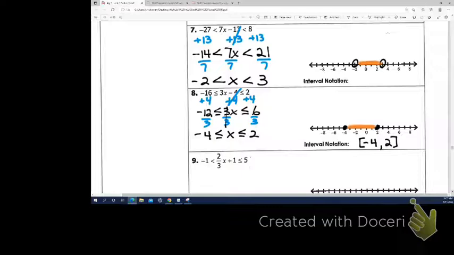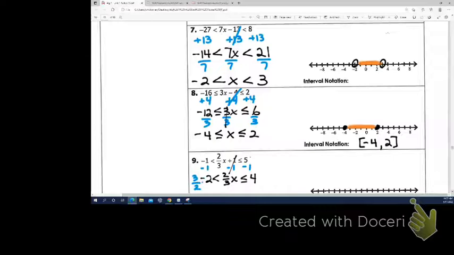Ooh, we get a nice fraction on the next one. So the fraction is only with the x, so we can still subtract first. So negative 2, 2/3 x, that's gone, and then 4. And then remember, we can get rid of a fraction by multiplying by its reciprocal. So everything is going to get multiplied by 3 over 2.